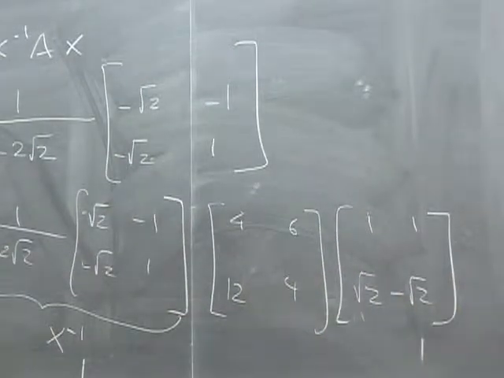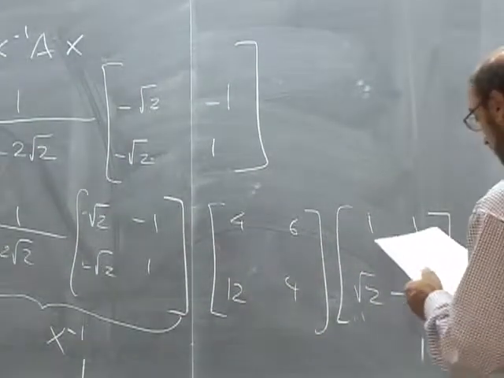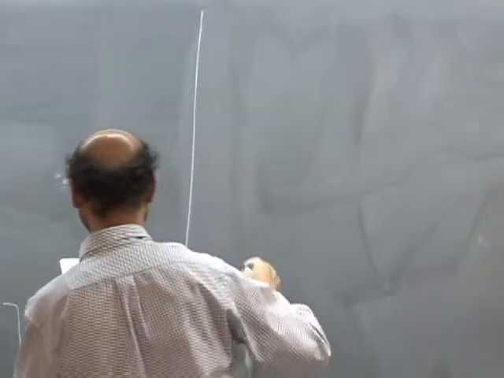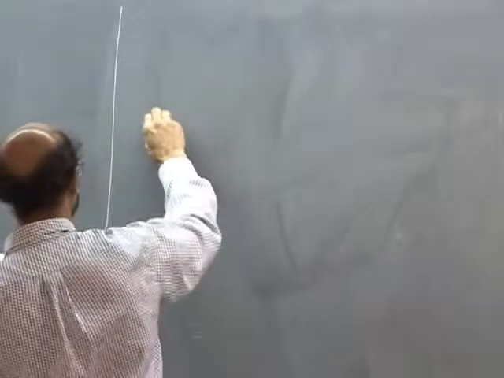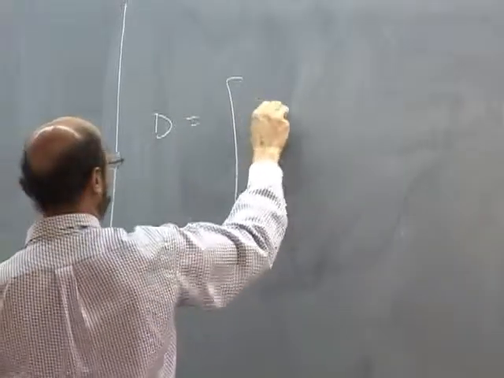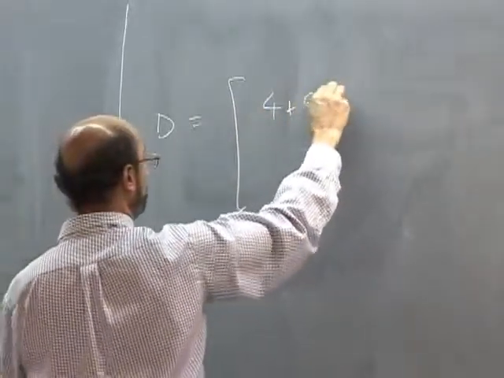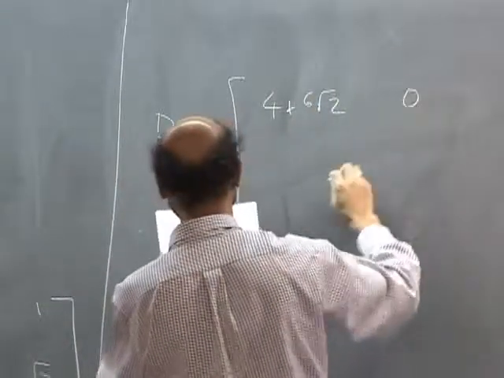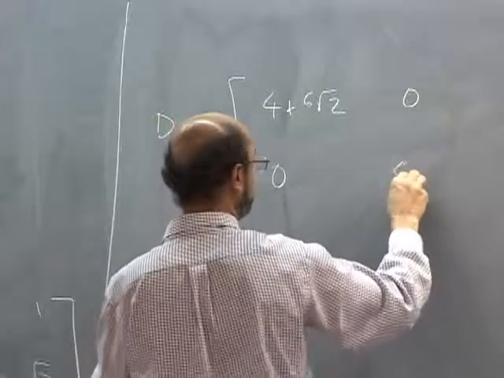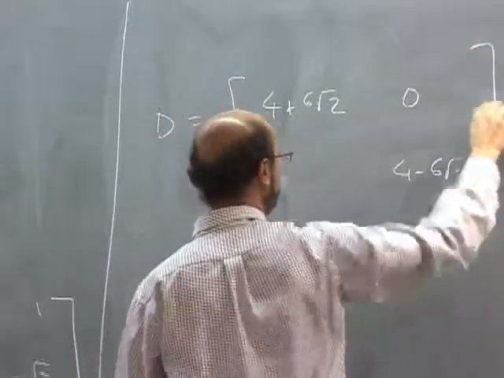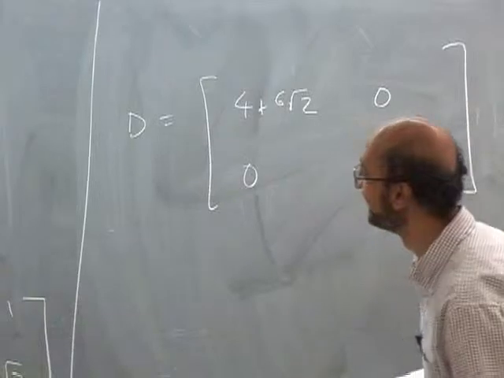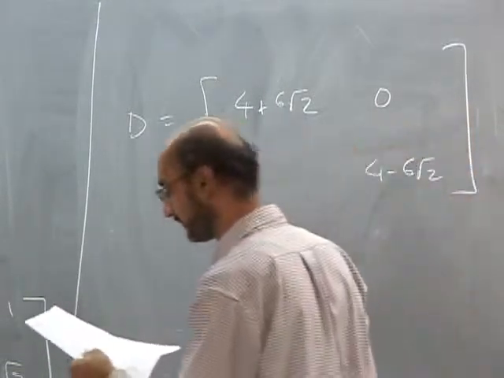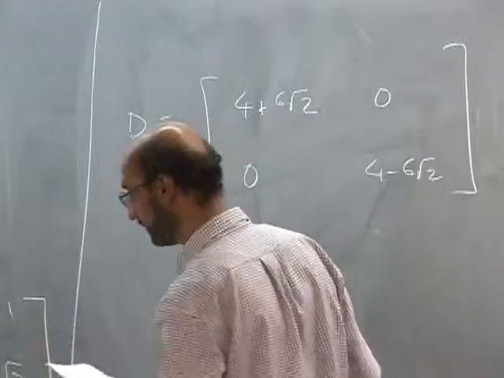And you can simplify this using just matrix multiplication to find that the diagonal matrix D is given by 4 plus 6 square root 2, 0, 0, 4 minus 6 square root 2. In this case, this is just the eigenvalues of A.